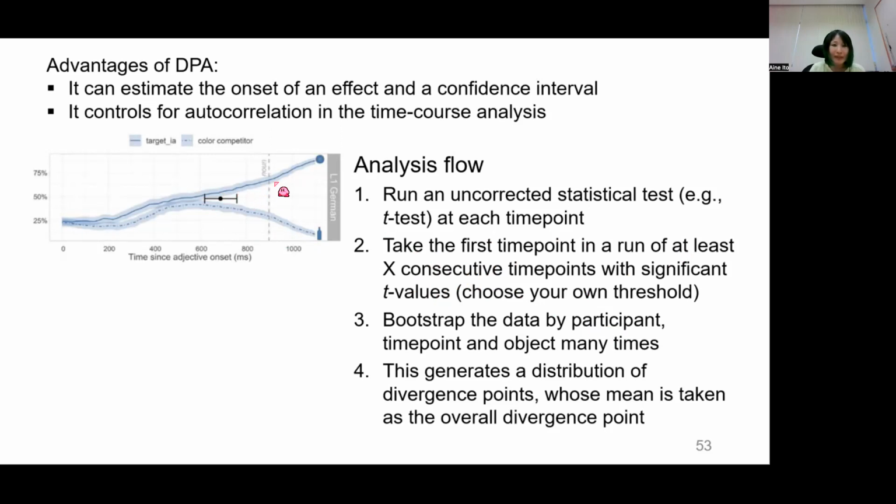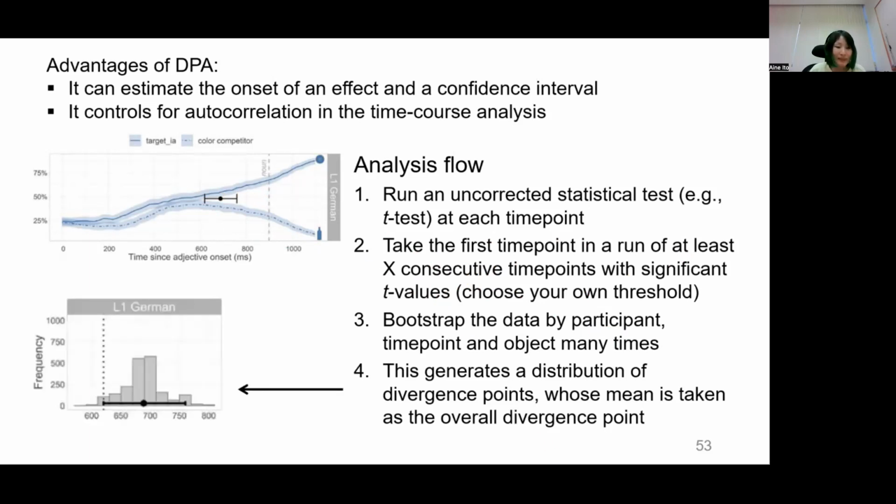Then you can take the mean of these many divergence points, and you can also compute the confidence interval based on the variability. So you might get something like this. This is now a histogram for the divergence point. If the divergence point is here, this will contribute to the data here, and if the divergence point is here, it contributes to the data here, just like a histogram.